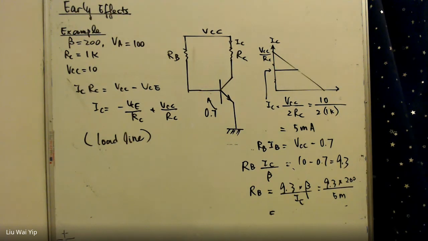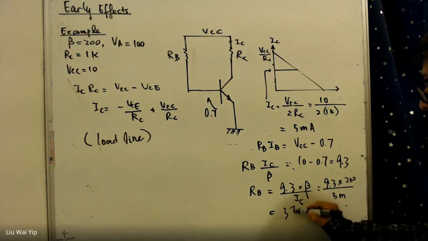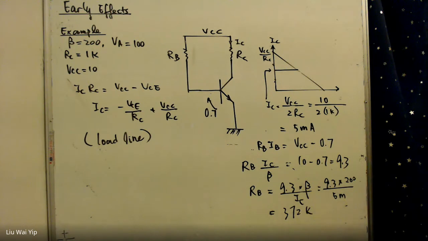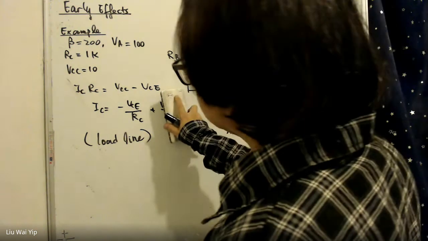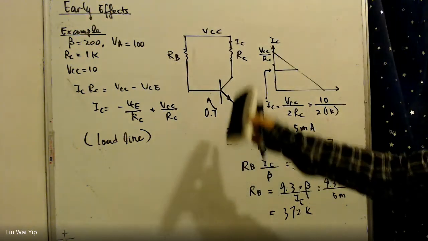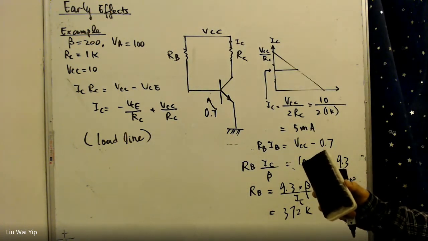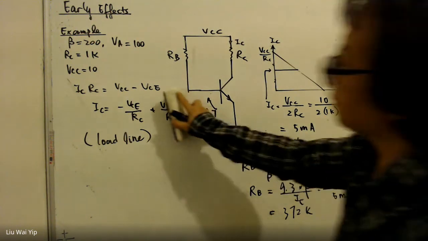So what we get is 372K. So we better write down this value here. And I think for now we have already done the DC analysis.